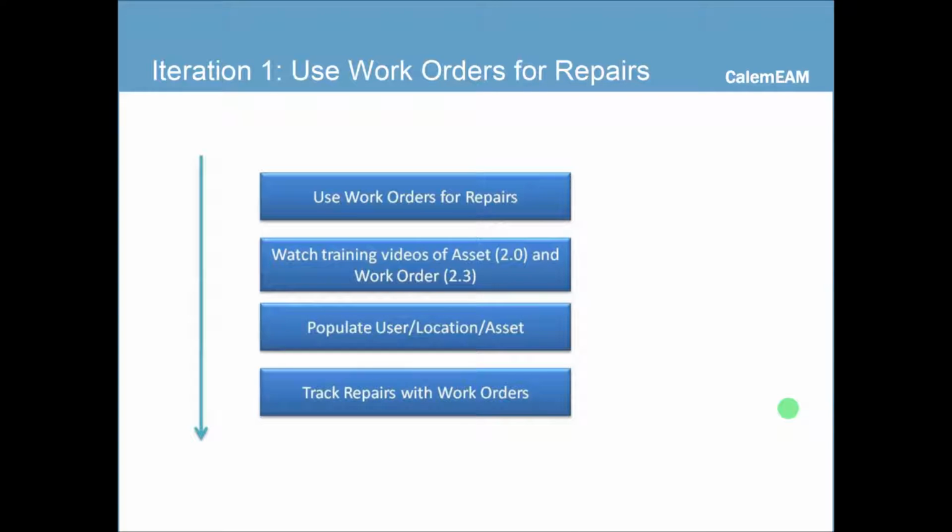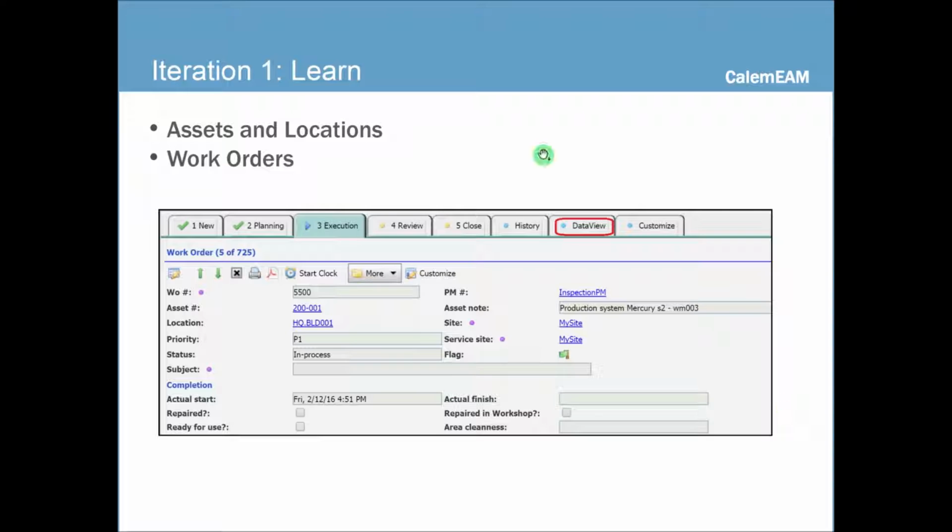You can then populate your users, locations, and assets. And after that, you can start to write work orders for your repairs. The training video covers information about assets and locations, the processes, and how to use work orders.